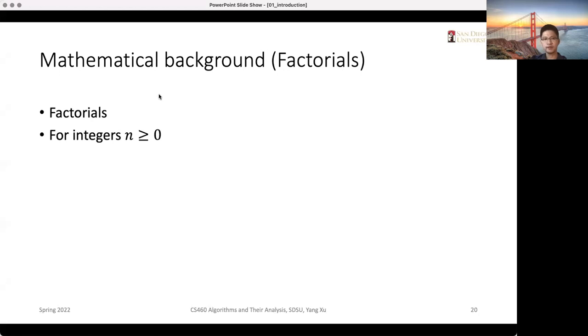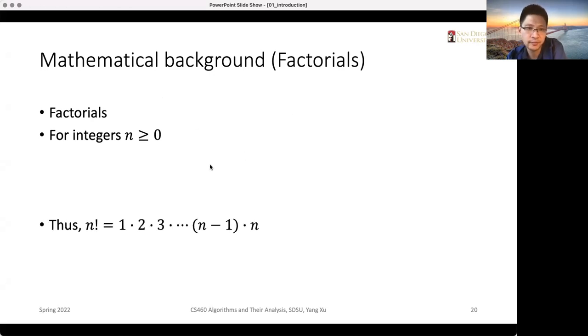Okay. So the factorials, as we said two slides ago, 2 factorial is 2 times 1, right? But we have a more general recursive definition here. Other than defining n factorial as 1 times 2 times 3 times ... times n minus 1 times n, we can use a recursive definition of this factorial function like this.